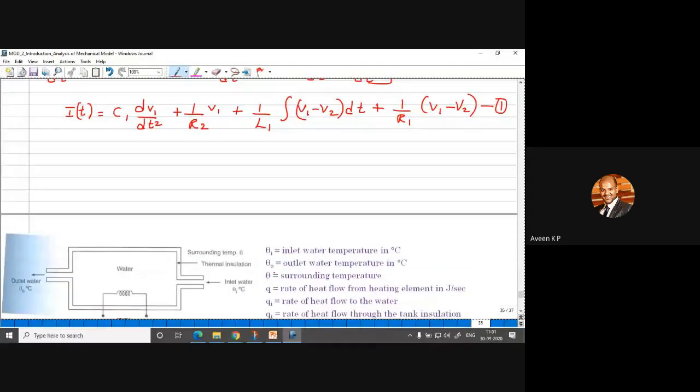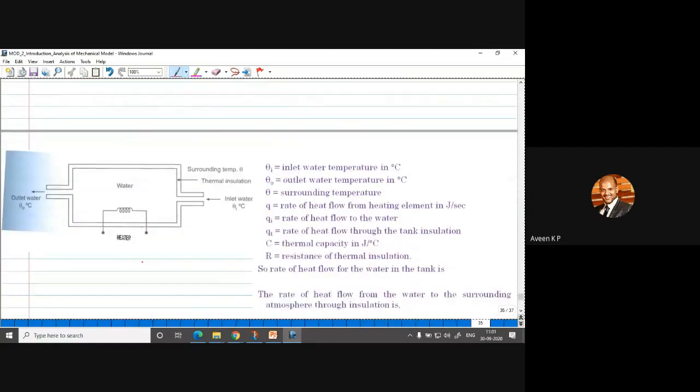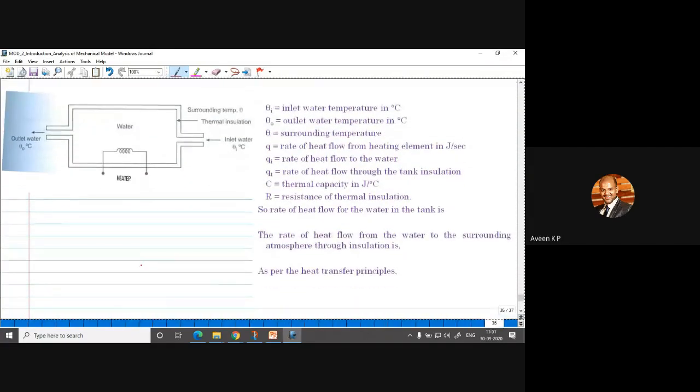So next, we shall consider one more variation, that is models of thermal system.